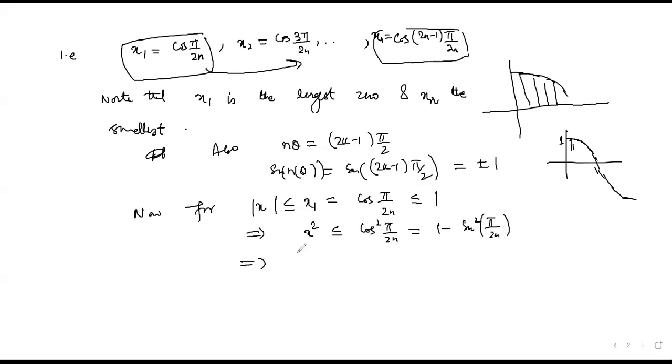So which implies that if we interchange this a little here, you will get 1 minus x square is greater than equal to sine square of pi by 2n.